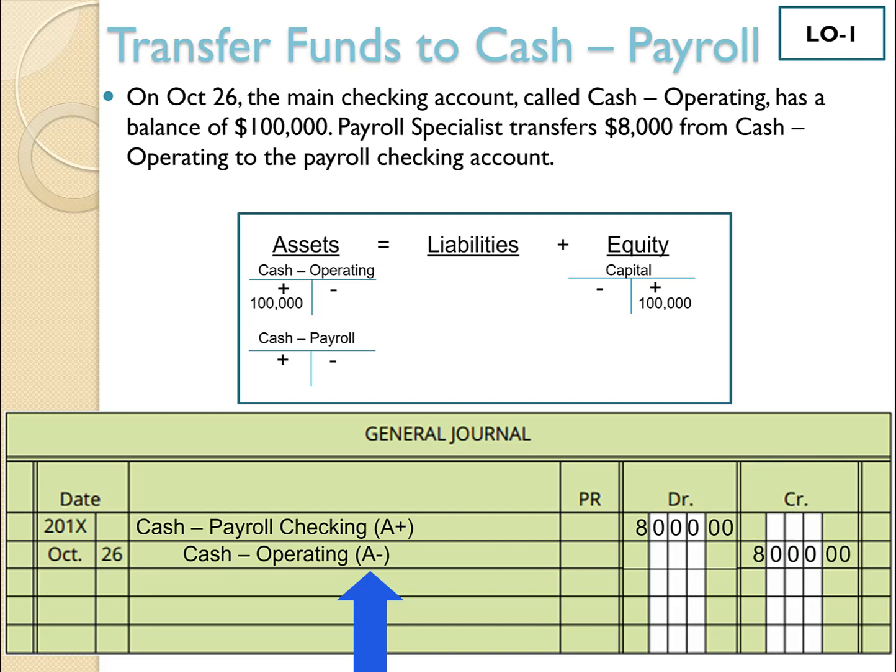Now I'm going to post the $8,000 debit to the cash payroll, and then we're going to post the $8,000 credit to cash operating. So that's the journal entry and the posting of transferring funds from cash operating to cash payroll.